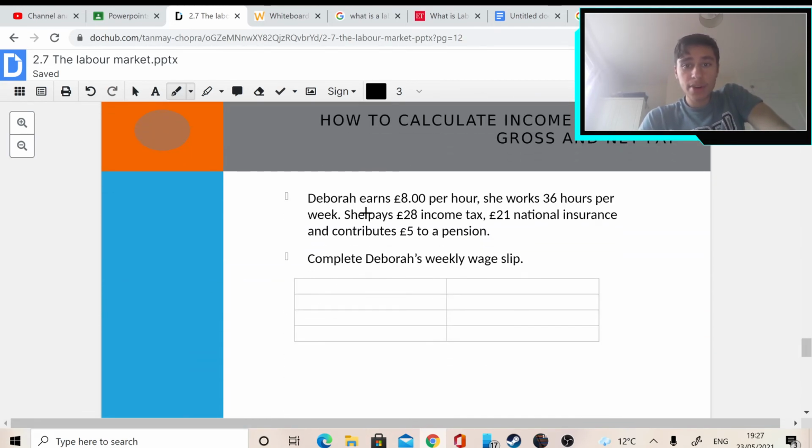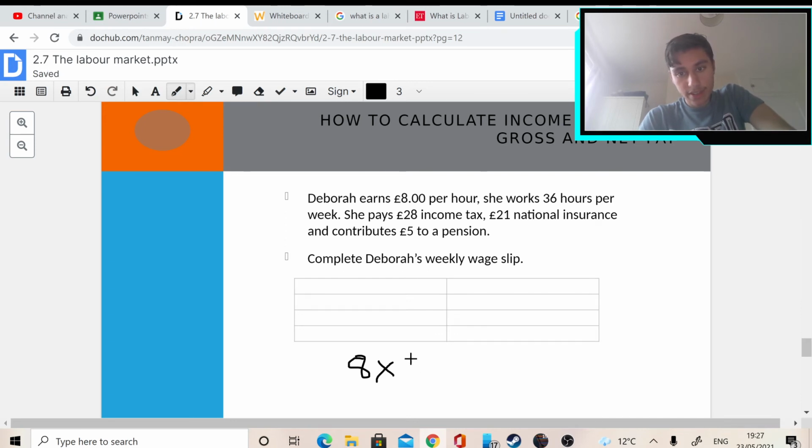Now, Deborah earns 8 pounds per hour and works 36 hours per week. She pays 28 pounds income tax and 21 national insurance. So this is just 36 hours per week. Her total earnings would be 8 times 36 hours per week.